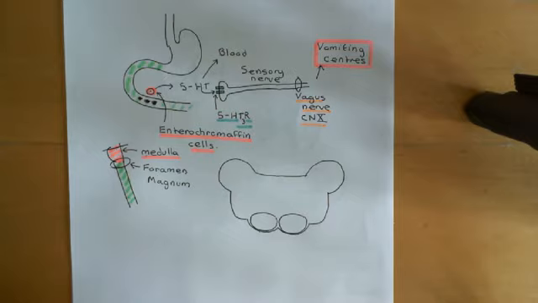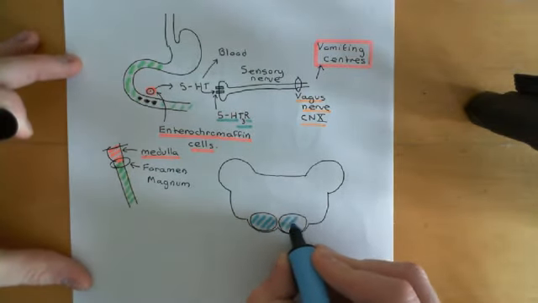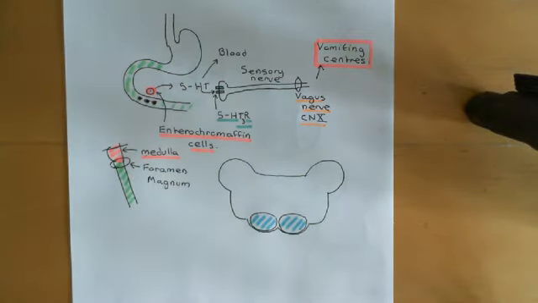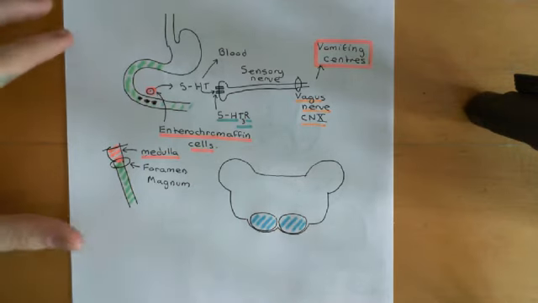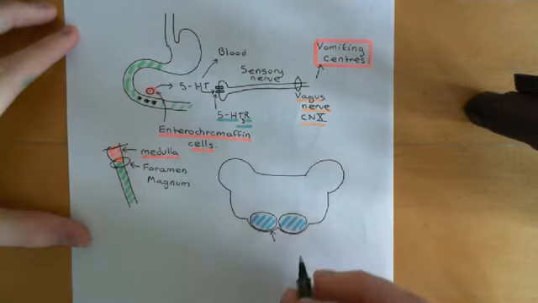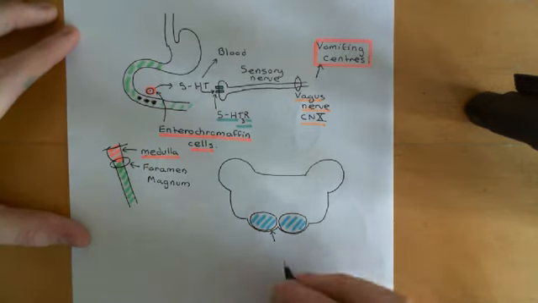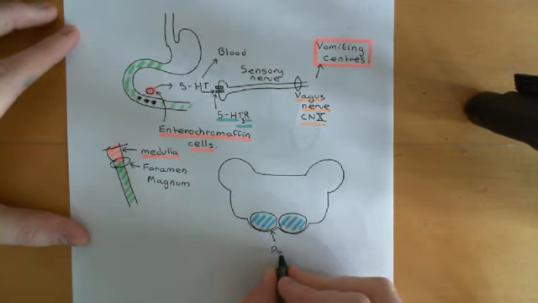These little processes at the front here, which I'm now circling and will colour in blue, are what are known as the pyramids, and they contain all of the axons that are coming down from the cerebral cortex to innervate alpha motor neurons and tell them to fire action potentials. These are bundles of axons sending messages which are the instructions of how to move. They're known as the pyramids, or the pyramidal tracts.